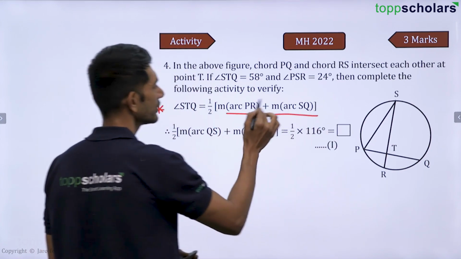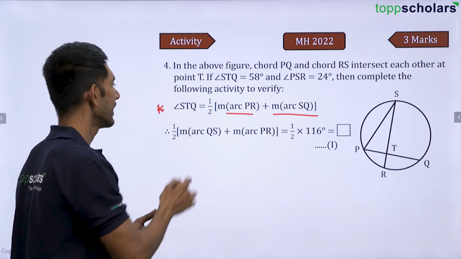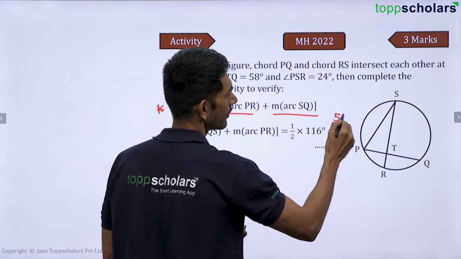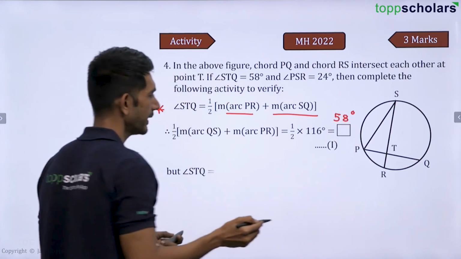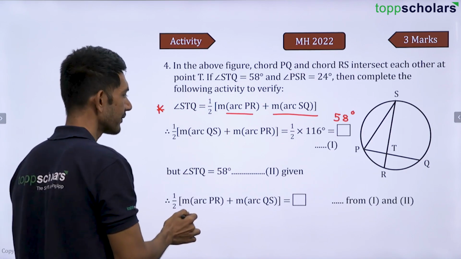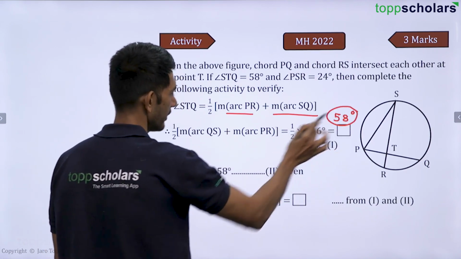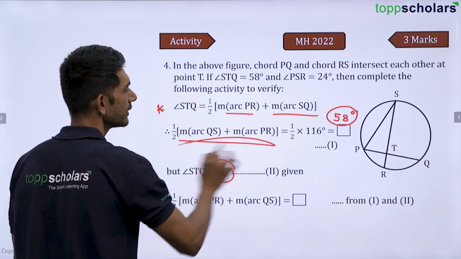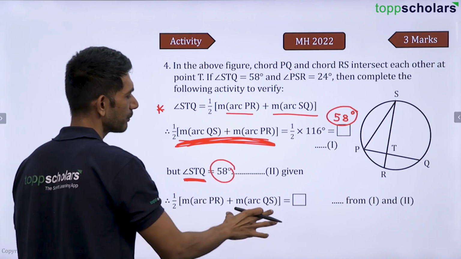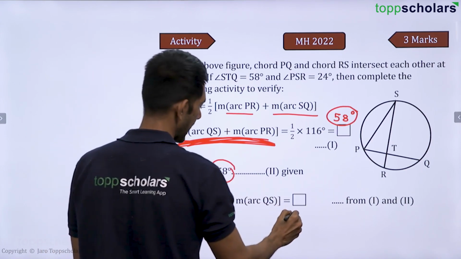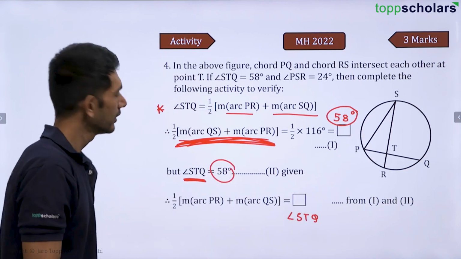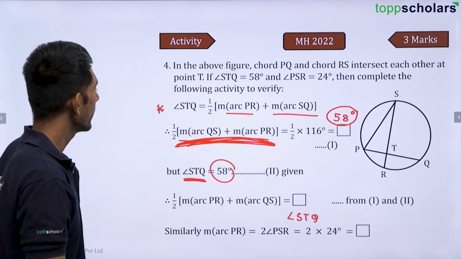So 68 plus 48 is 116, and half of it is 58 degrees, right? So from 1 and 2, this is 58, this is 58. So from 1 and 2, the left hand sides are equal. So half of arc PR plus QS is equal to angle STQ, correct? Perfect. So we have solved this part.